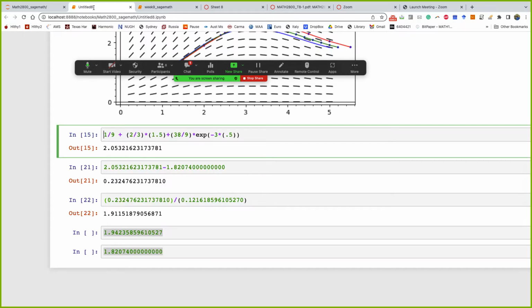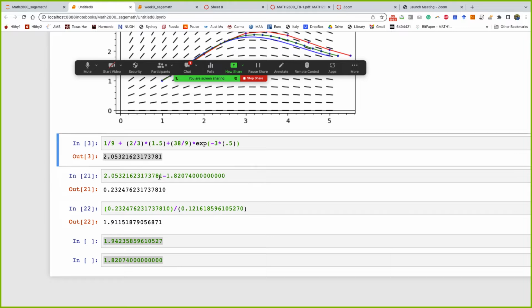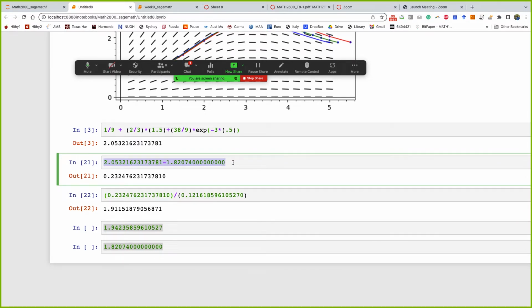I did this on Monday's tutorial session, so we obtain it here. Then I compare it with the exact solution, taking the absolute value of the difference between the exact solution and the bigger step solution, which was 1.8.